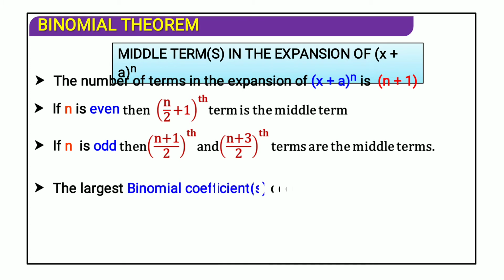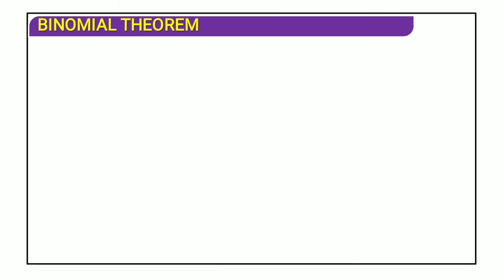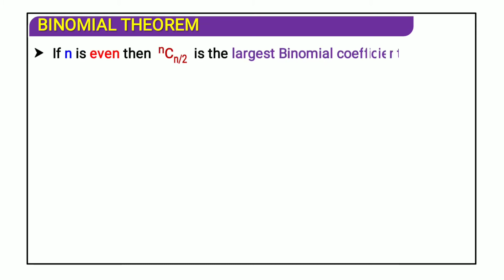Okay, the largest binomial coefficients occur in the middle term only. If n is even, then nC(n/2) is the largest binomial coefficient.